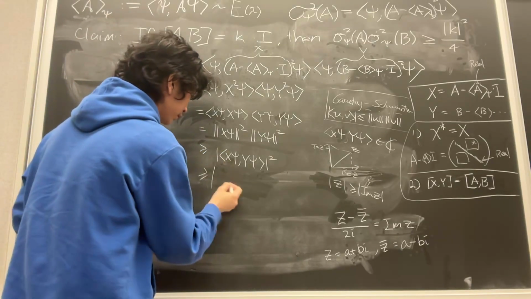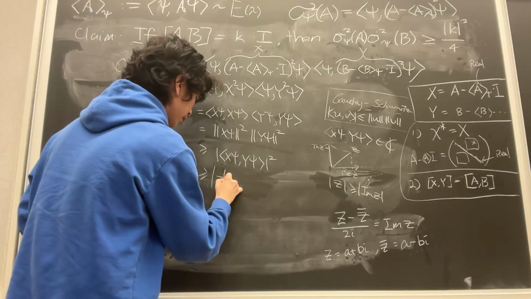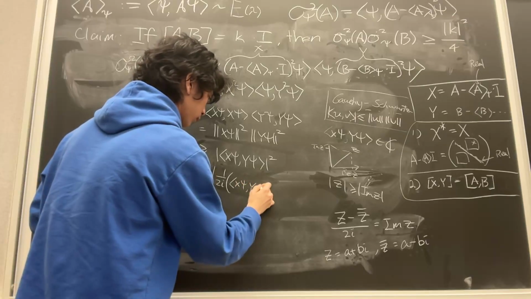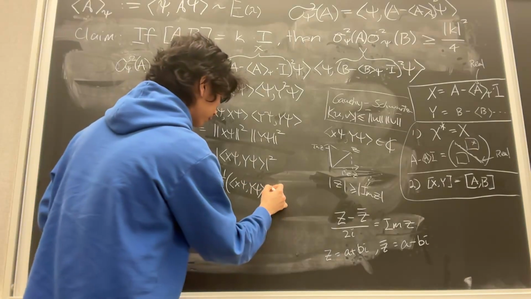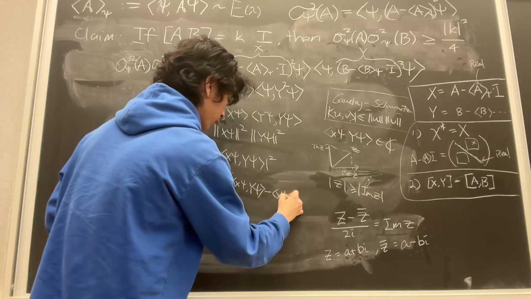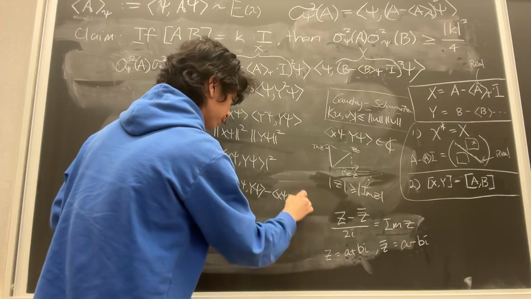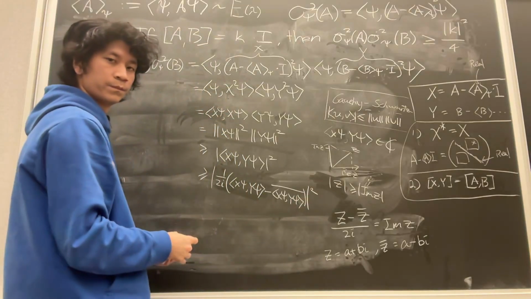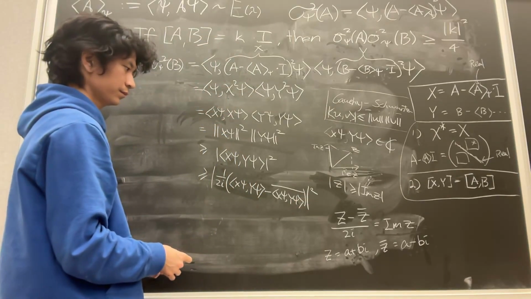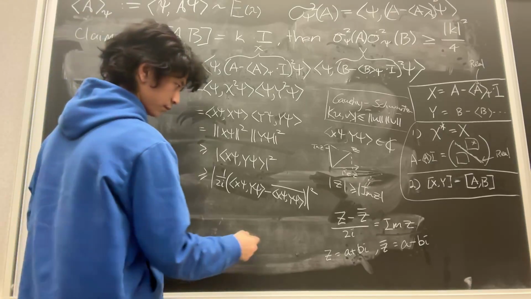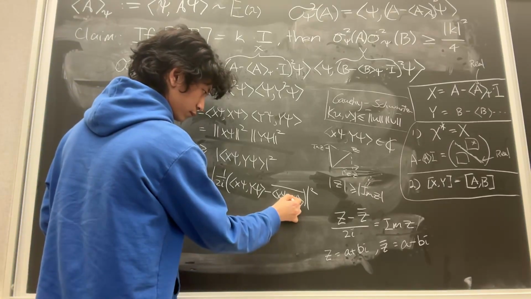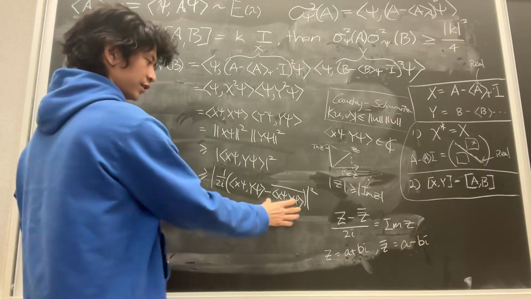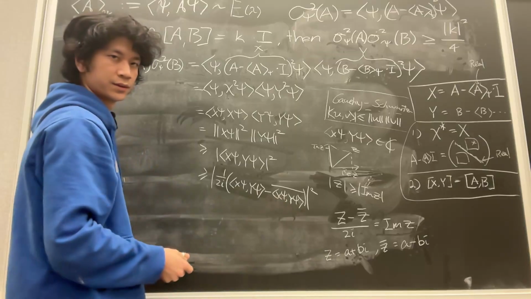So we write that in, 1 over 2i. What is the complex conjugate of an inner product?